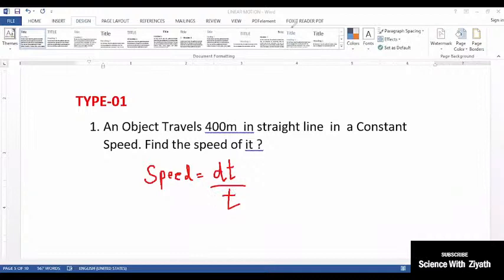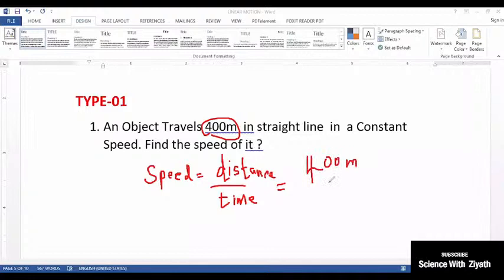The symbol, lots of people change this symbol. Some put u, some put v. Why are you playing with that? You just write something like this. Speed is equal to distance over time, no problem. How much is the distance? 400 meters.